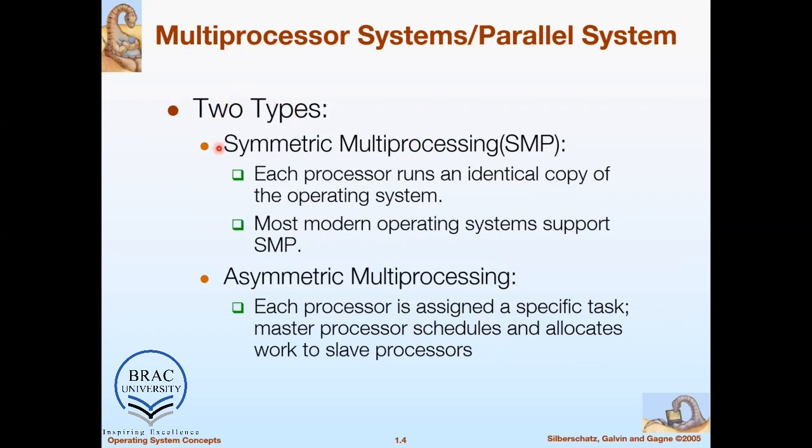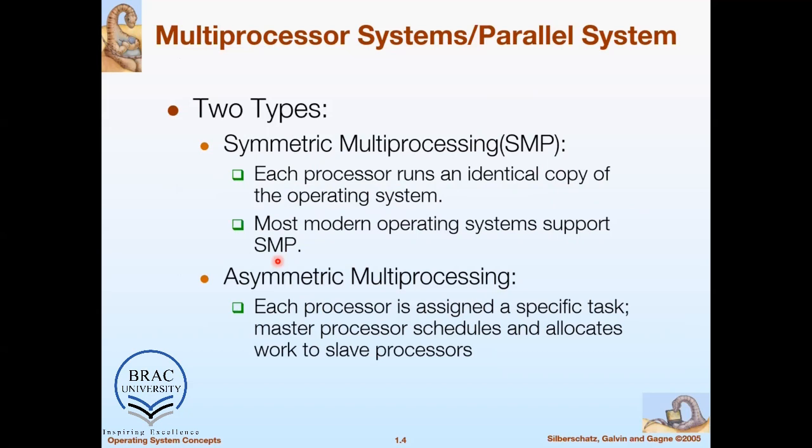Basically, there are two types of multiprocessor system. The first one is the symmetric multiprocessing system and the second one is the asymmetric multiprocessing system. In a symmetric multiprocessing system, each processor runs an identical copy of the operating system. Most modern operating systems support it, and it is the most common system used, in which each processor performs all tasks within the operating system.